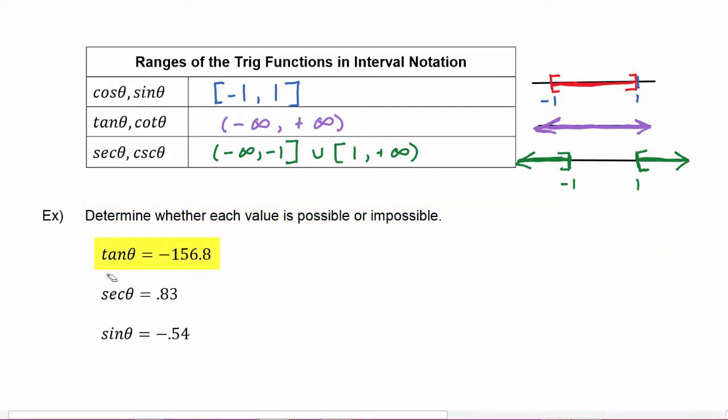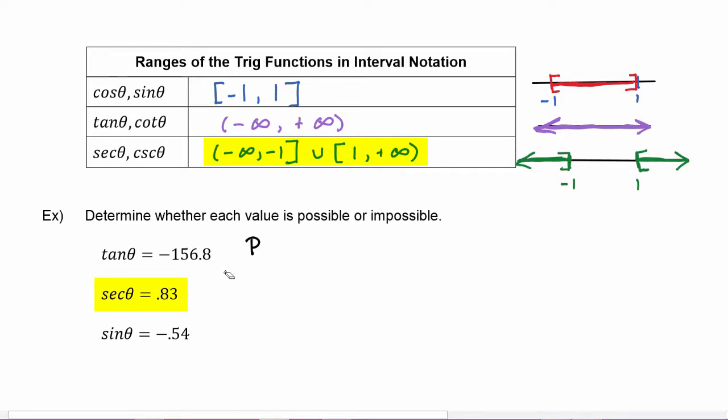So for tangent of theta equaling -156.8, since its range is all real numbers, we know it can be anything, which means absolutely, positively, yes, this is possible. So I'll put a P for possible. This next one asks if secant theta can equal 0.83. Now remember, its range is from negative infinity to negative 1, and then from 1 to infinity.